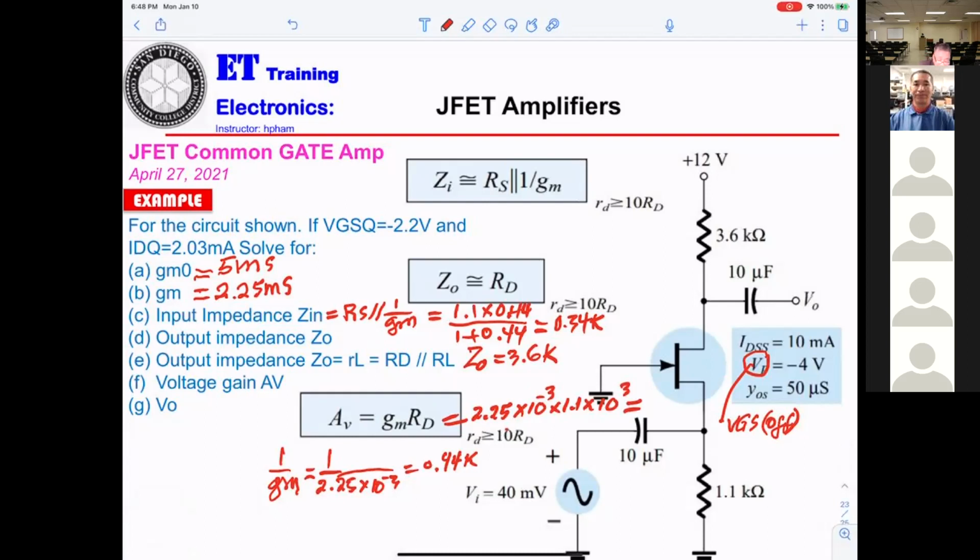Okay, you're right. RD will be 3.6K, times 10 to the power of 3. So basically you get 2.25 times 3.6, 8.1.